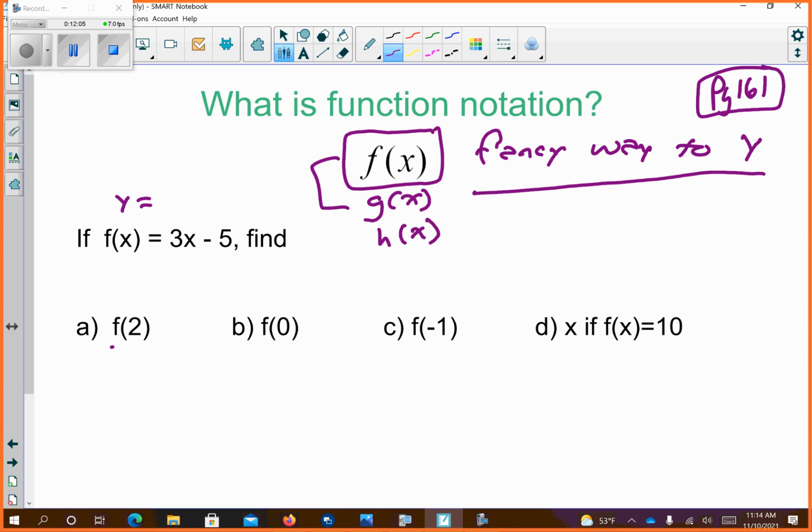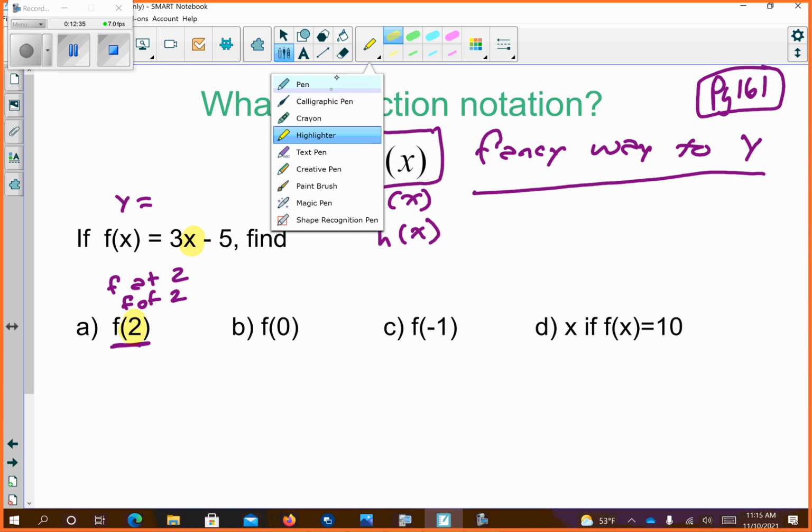But then we have something labeled as f at 2. This is said f at 2. Some people might say f of 2. I like f at 2 because it says, hey, in the x direction, a y value is going to take place. So I'm going to take this 2, and I'm going to replace it right there with that x.